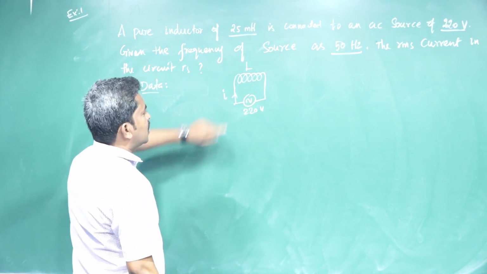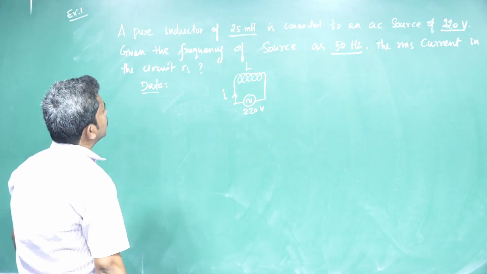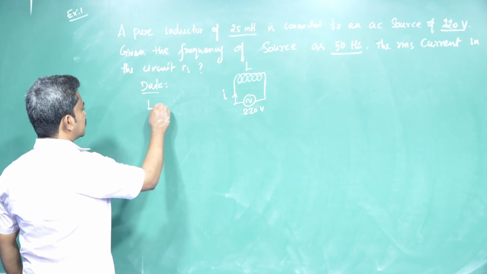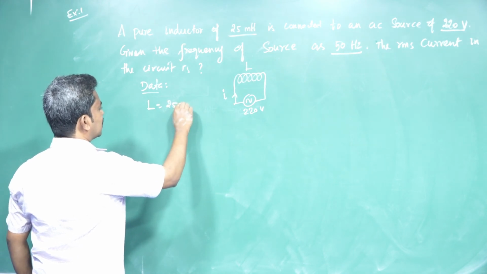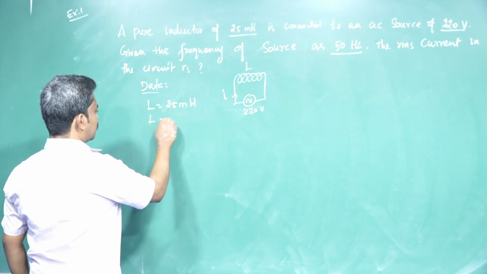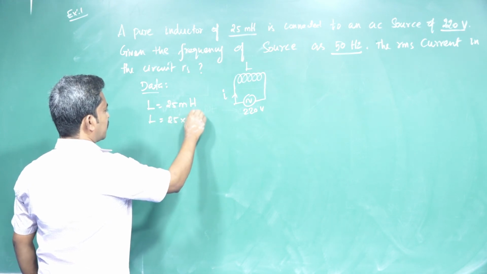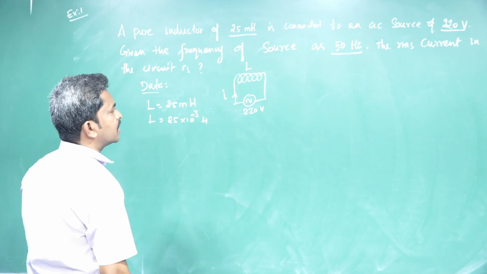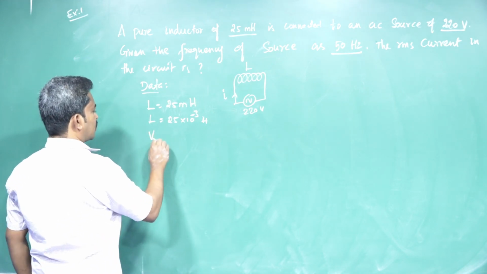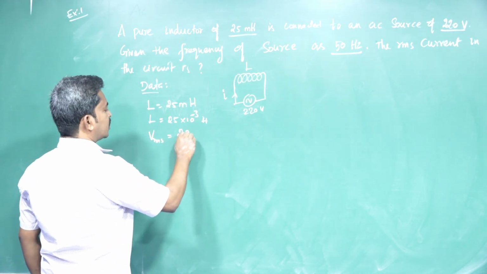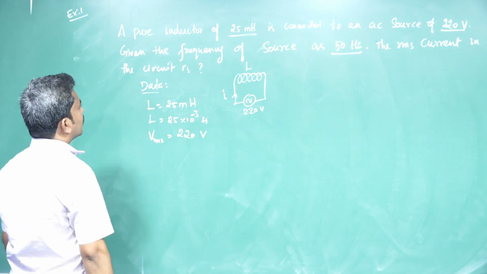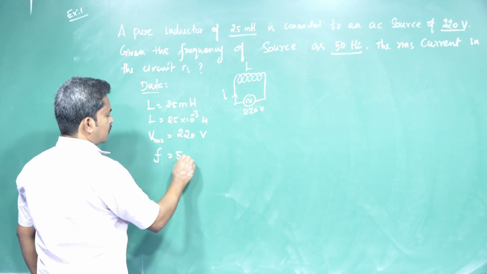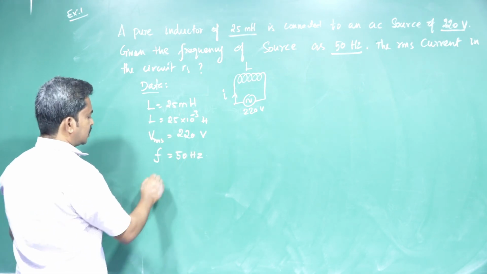So, pure inductor of 25 millihenry: L = 25 × 10⁻³ henry. Henry is the unit of self-inductance. Connected to the AC source of VRMS = 220 volt applied voltage. Given the frequency of source is 50 Hz, so f = 50 Hz. I want to calculate this IRMS.